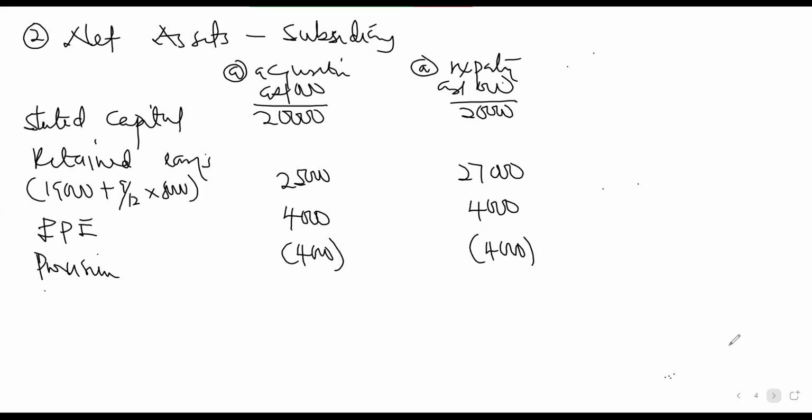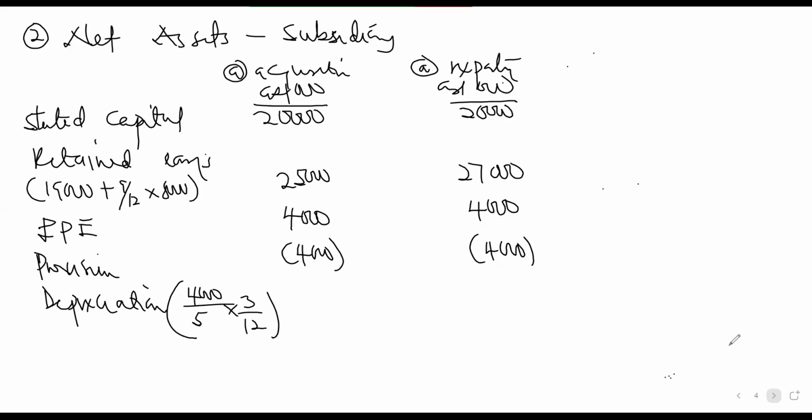The next item is this asset will be used for 3 months, so we account for depreciation. We are recording this on 1st January. From 1st January to March, we have used the asset for 3 months already. So we have a depreciation of 4,000 divided by 5 multiplied by 3/12.